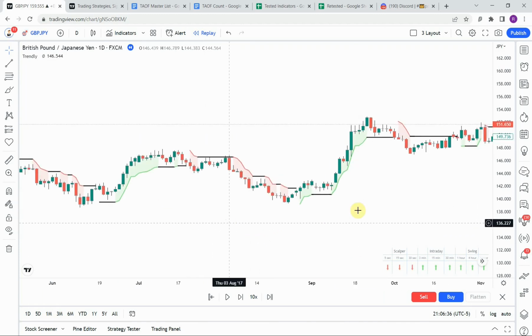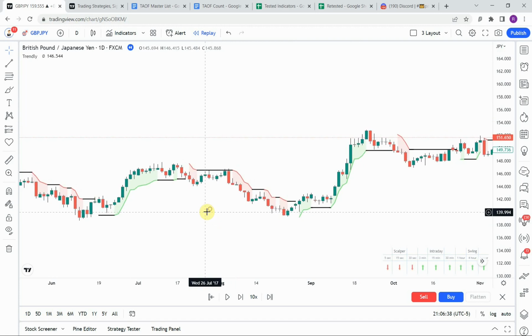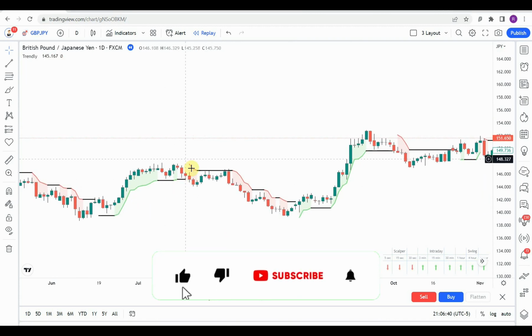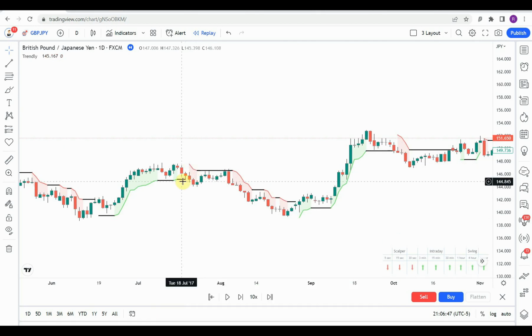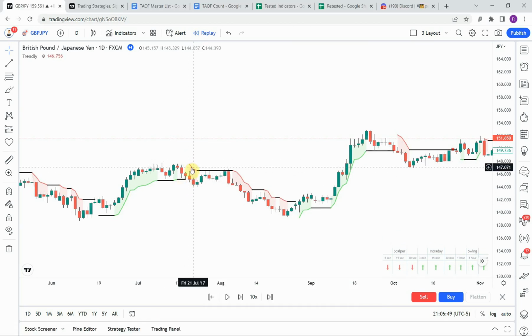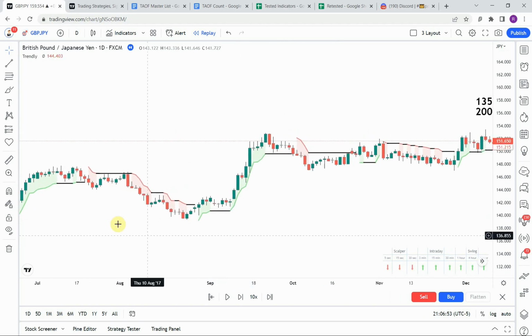As price is being calculated as a downtrend, the indicator will turn red and jump to above the price action. And as it is calculating price to be in an uptrend, the indicator will turn green and fall below the price action.